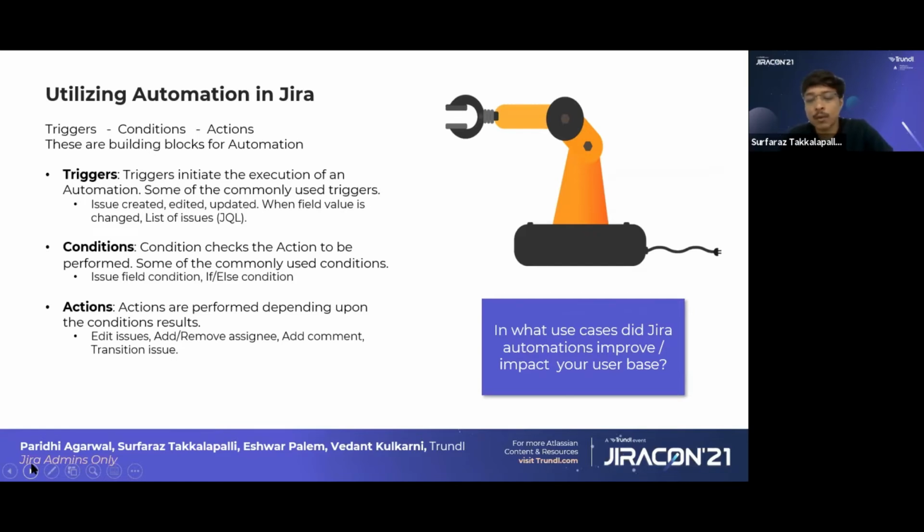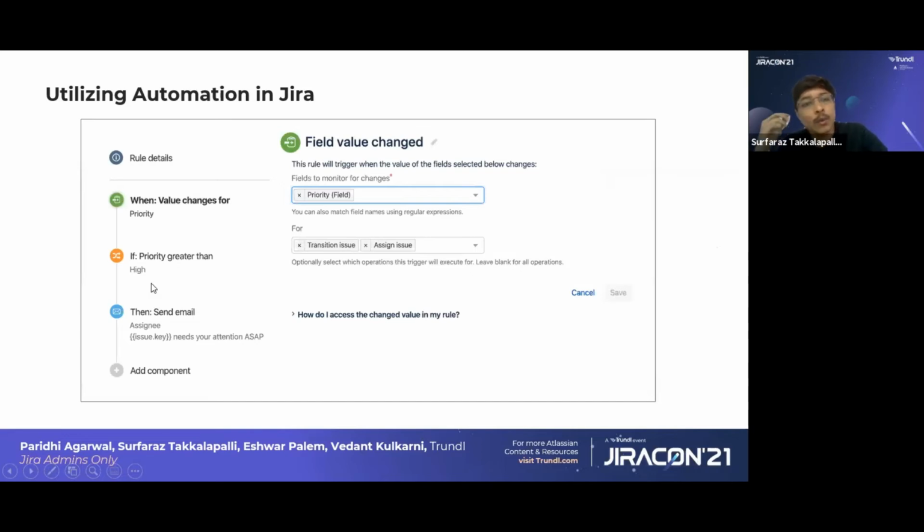Okay, let's go to the next slide and see one of the basic, simple automations. Here we are sending an email to the assignee if the priority value is greater than high, with the issue key as the comment.